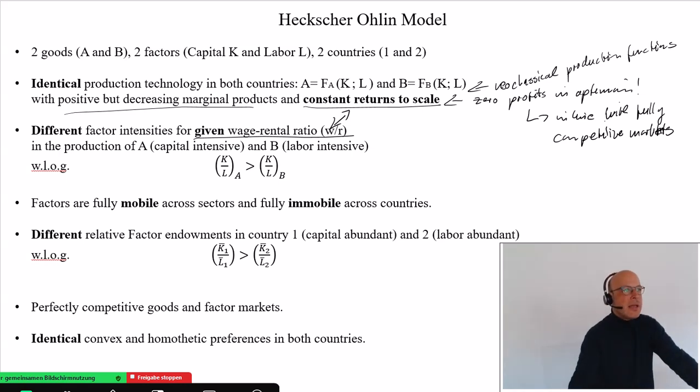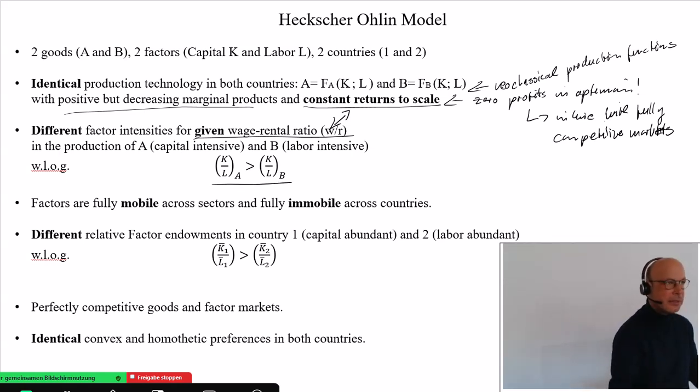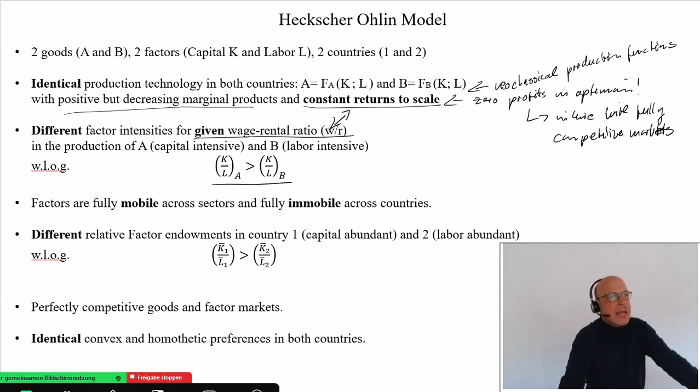we know that the input combination of our factor inputs, capital and labor, will be in optimum always the same ratio. And therefore, it is enough that we now assume the difference between the production of these two products, that we just assume the ratio of capital over labor is different between these two products.